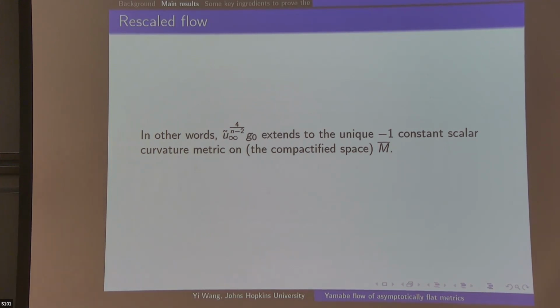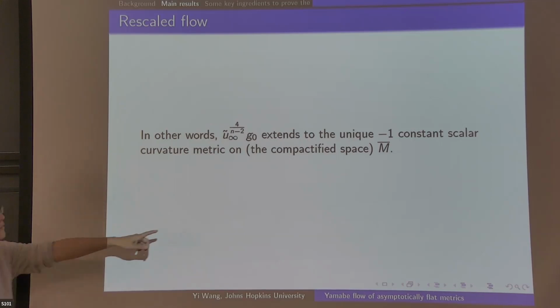-1 constant scalar curvature metric on the compactified space. So you have a manifold which is asymptotically flat. Of course, it's not a compact manifold. However, you can think of it as a stereographic projection near infinity, like what you do for Euclidean space back to the sphere. And for an asymptotically flat manifold in general, you can do that as well.